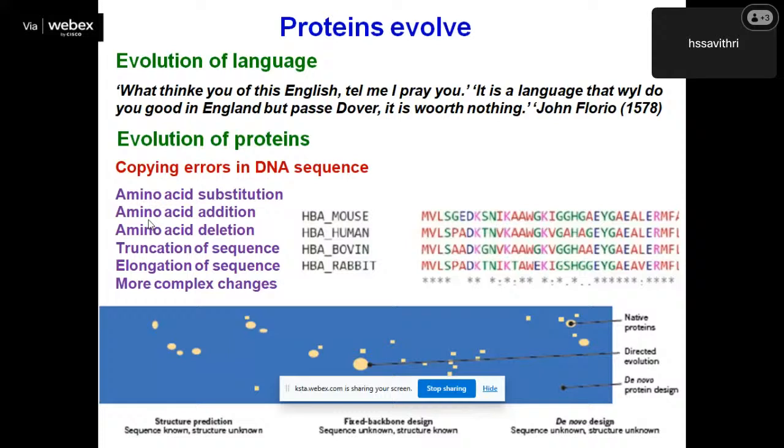The mouse hemoglobin starts with an amino acid called methionine, followed by valine, leucine, serine, glycine, glutamic acid, aspartic acid, etc. See, this is one letter code; I am reading the actual name of the amino acid. You take human, it also starts with methionine, valine, leucine, serine, then there is a change.